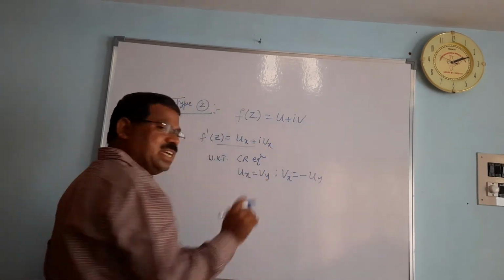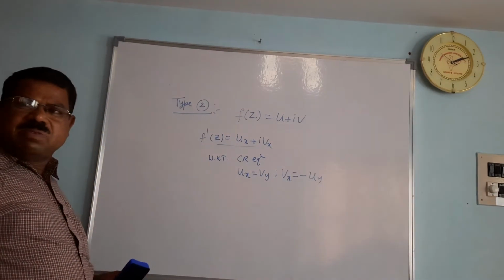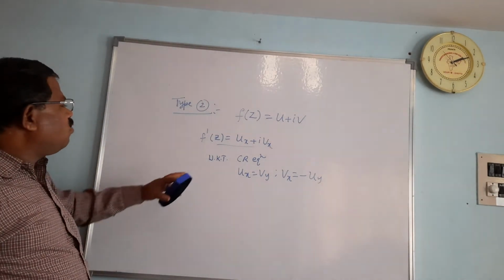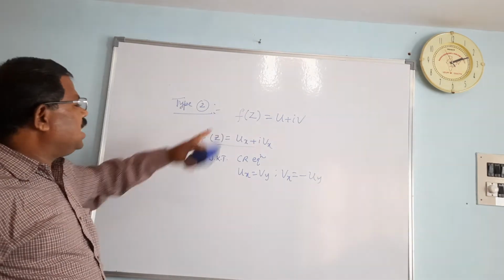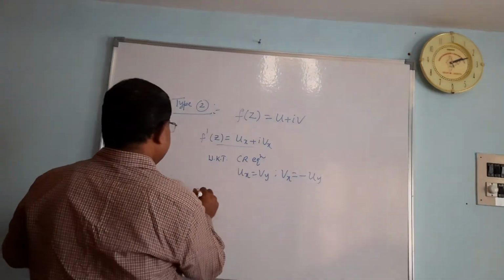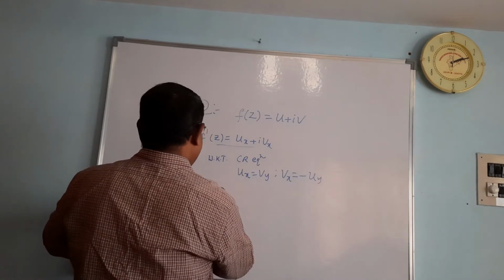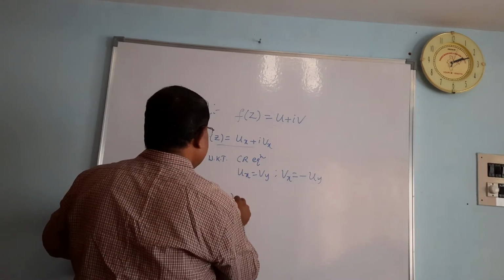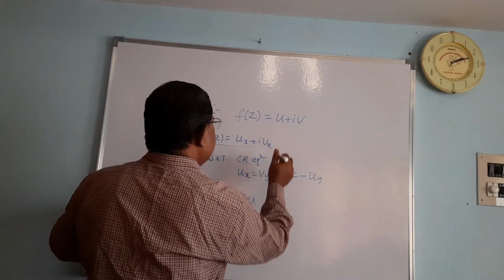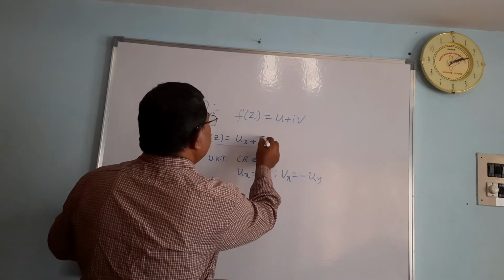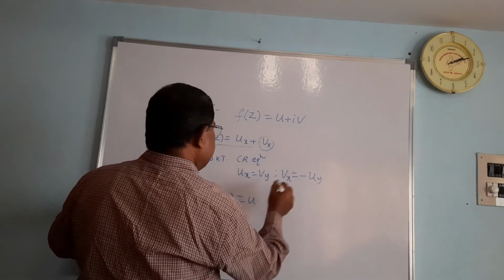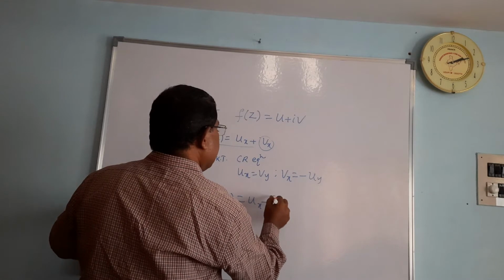Now we have to change the formula depending on whether the real part is given. We have to change this. For u, f dash z is ux plus i vx, which becomes ux minus i uy.